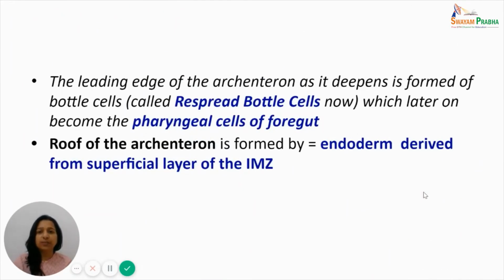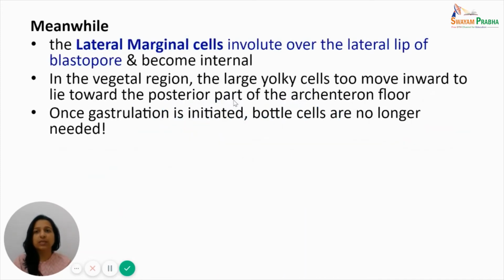As the archenteron deepens, its leading edge is formed of the bottle cells, which are now called the respread bottle cells. These bottle cells later on become the pharyngeal cells of the foregut, while the roof of the archenteron is formed by endoderm, which is derived from the superficial layer of the involuting marginal zone cells.